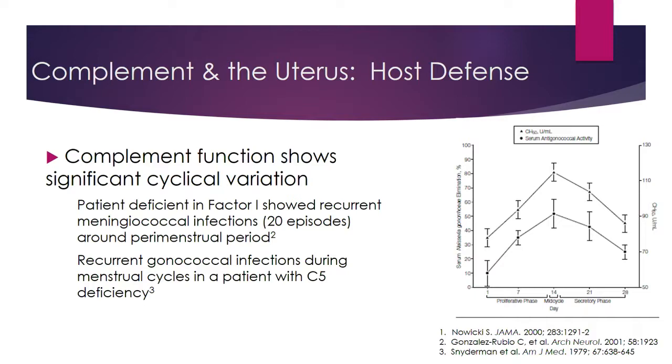So when they took the serum from patients at this time period of their menstrual cycle and analyzed its effects on gonococcal clearance or lysis, it was very low. But the anti-gonococcal activity improved mid-cycle, as did the CH50. So this is an indicator that there are cyclical changes happening that can actually be measured through various mechanisms throughout the menstrual cycle.